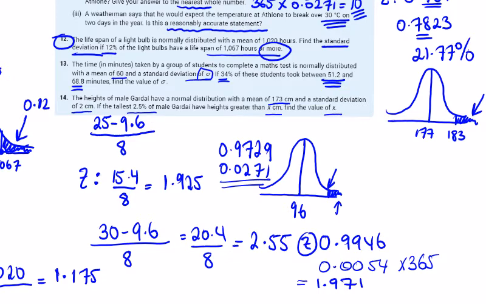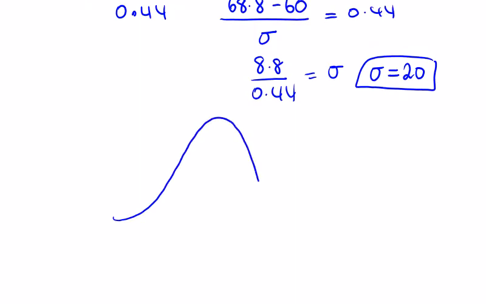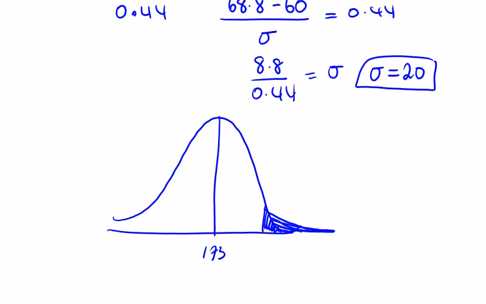So how tall are the greatest height of these Gardaí at the top end of the scale? 173 is the mean, and we're looking for 2.5% in the tail. So we have a mean of 173. There's 2.5% in this tail, drawn badly. Just round it off. That's 2.5%. And standard deviation is 2 centimeters.